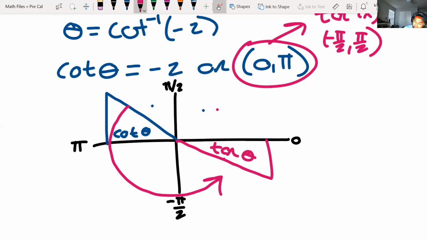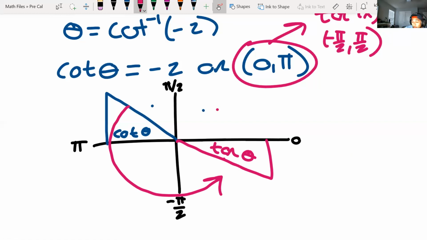Reference or coterminal angles? No reference, no coterminal. How about the period of tangent and cotangent? When do they repeat themselves? Which is pi, right? Good. So if you think about it, in quadrant 2, cotangent's negative, and in quadrant 4, tangent is also negative.